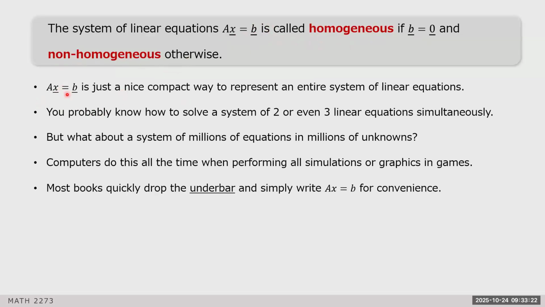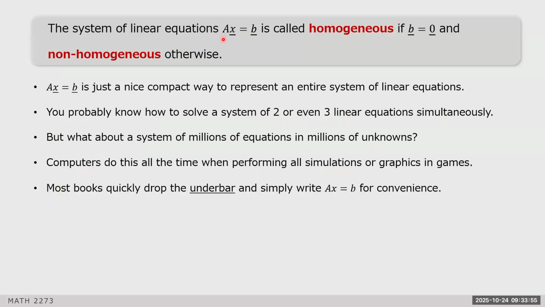Okay, so AX equal B, like I said, is just a nice compact way to represent an entire system of linear equations. And you probably know how to solve a system of two or even three linear equations simultaneously. But what about a system of a million equations and a million unknowns? This is what computers do all the time when they perform simulations or do graphics in video games.